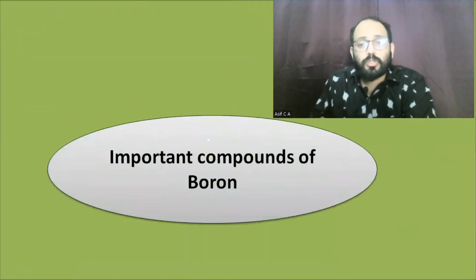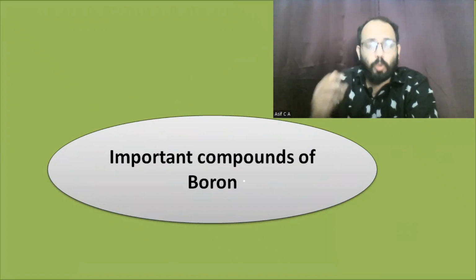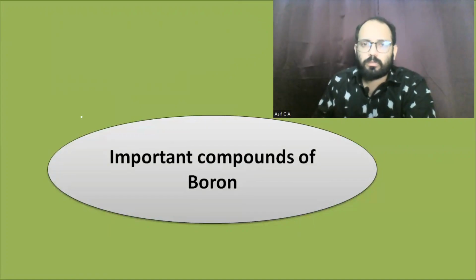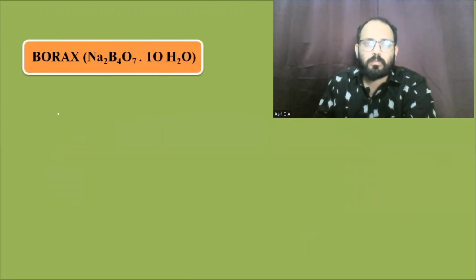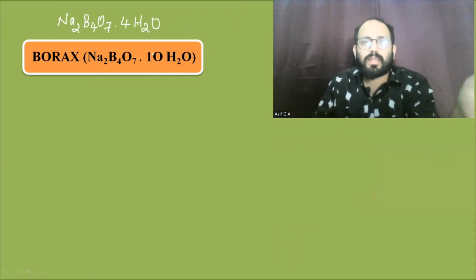Now we will be moving to the important compounds of boron. Let's look at the important compounds of boron. We are having borax, we are having boric acid, we are having diborane. So we'll be discussing each one. First we'll be discussing borax. Borax, the formula is Na2B4O7.10H2O. Just remember, Na2B4O7.4H2O is another compound of boron like this, with 4H2O.